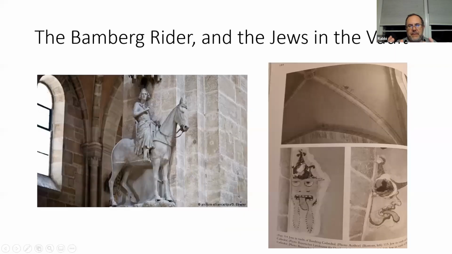So the Bamberg Cathedral is most known for this, called the Bamberg Rider. Once you enter, and the door here is on the left, you then pass this knight on a horse. And we don't know who it is, right? Some say it's a king, it's the emperor.